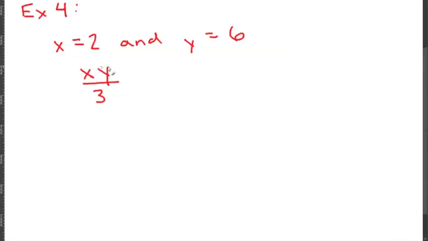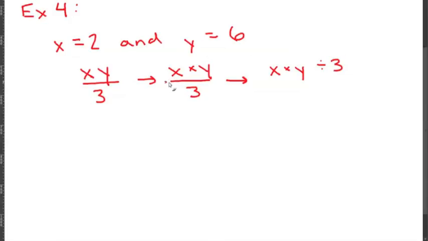So this means x times y all over 3, which we know when you put a number as a fraction, it's really division. So it's going to be x times y divided by 3.